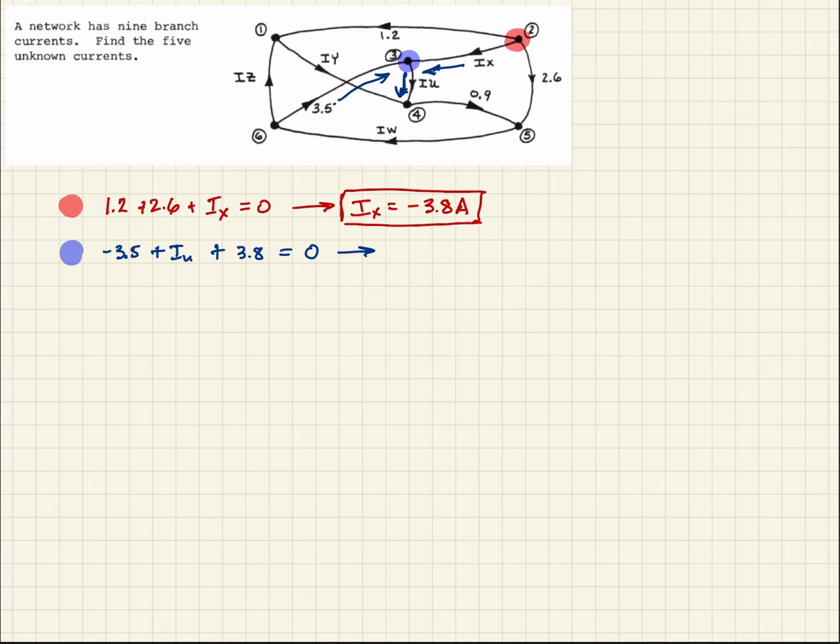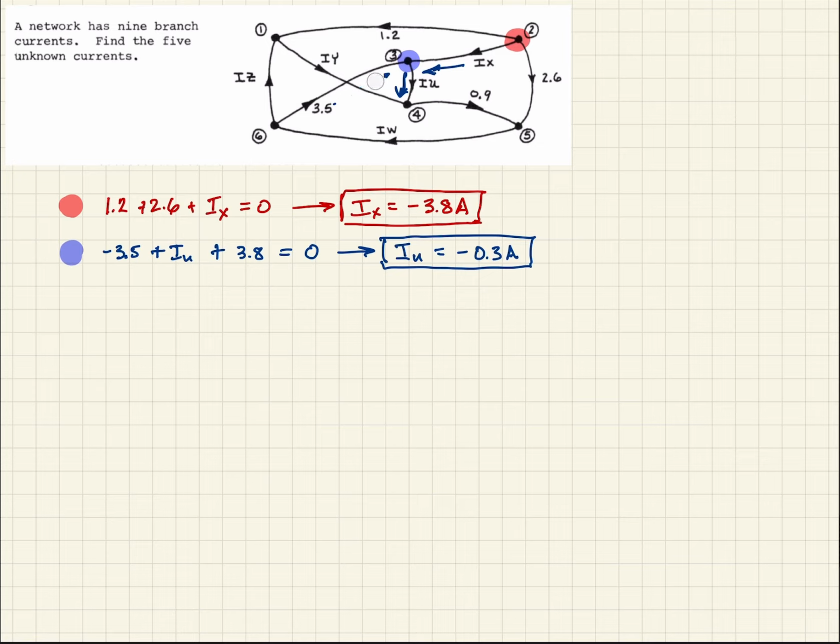So we just add 3.5 to both sides and subtract 3.8 from each side. When we do that, we get a negative 0.3 amps. So there's our second unknown current that we have solved for.